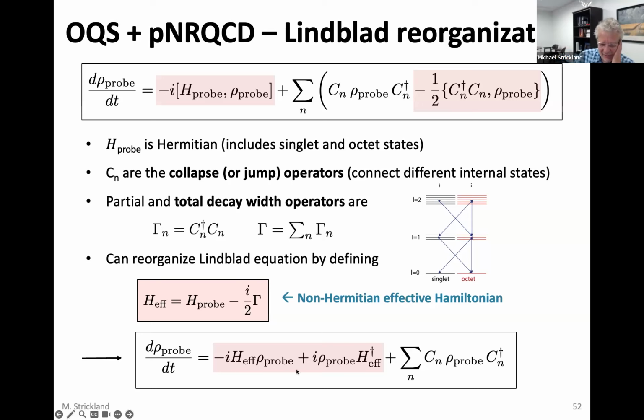The interpretation of these two terms is that this is the loss of unitarity that you would get if I were to just evolve with this red term, let's say a singlet state, because the H effective is non-Hermitian, I would be leaking out of this state.